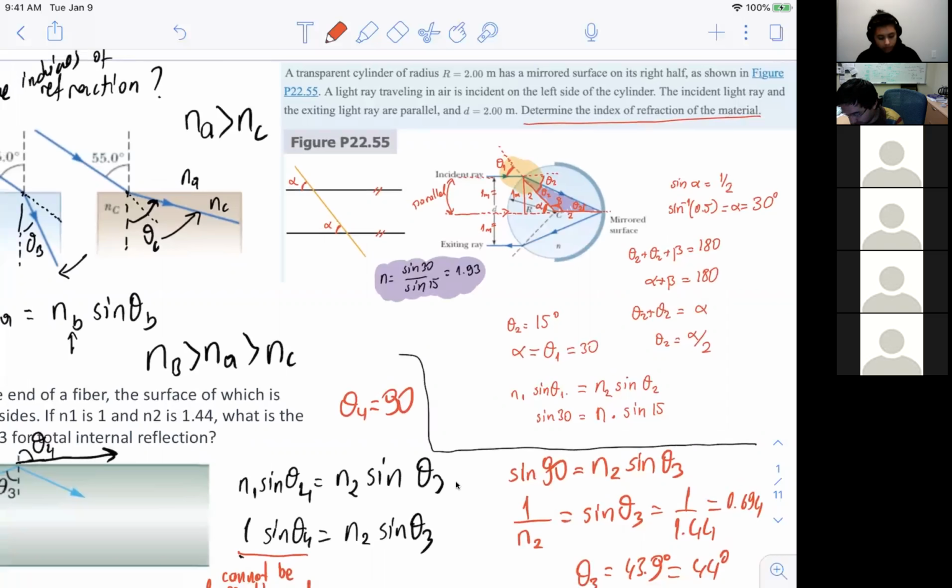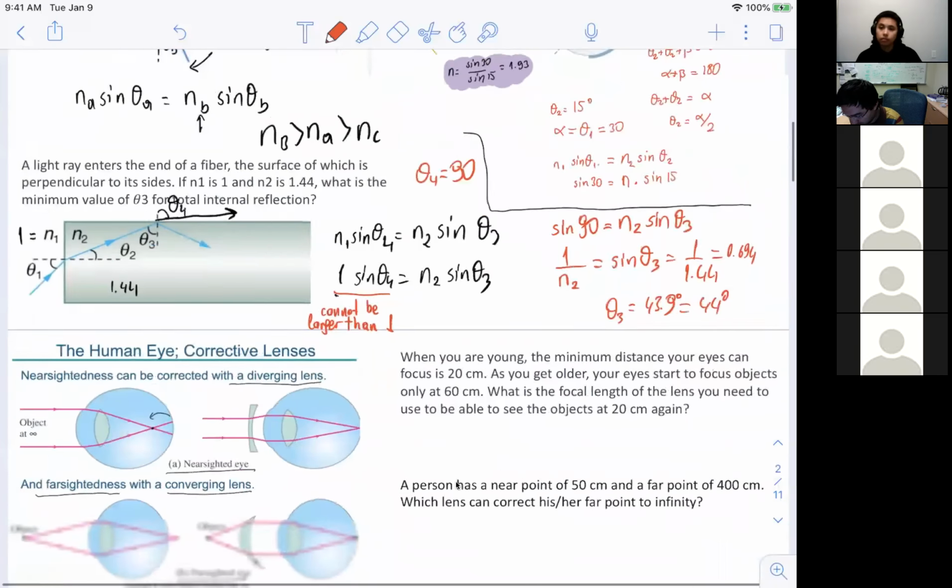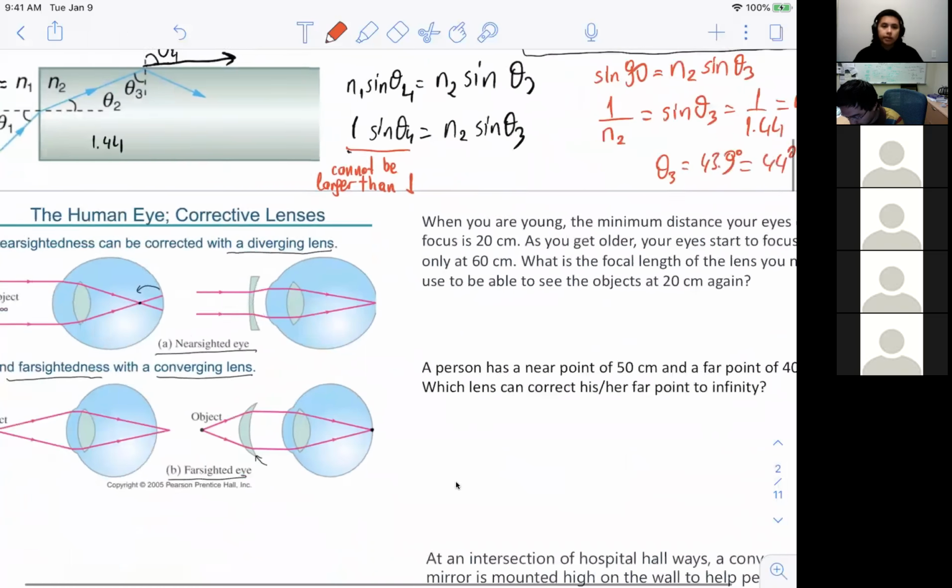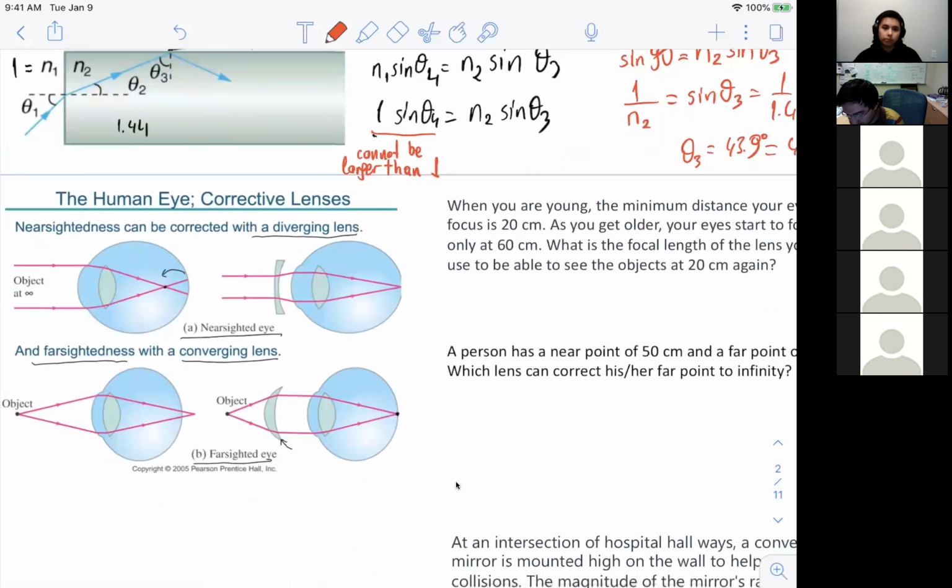Okay. So then we learn about nearsightedness and farsightedness. In nearsightedness, your eye works harder, which means it focuses more than it should.